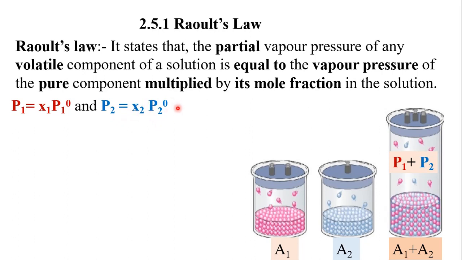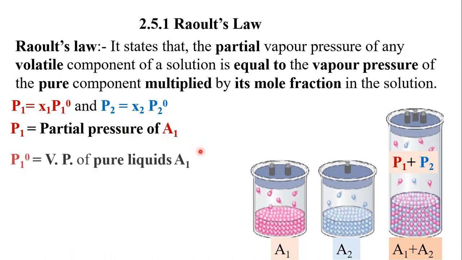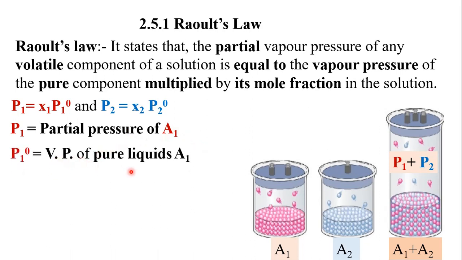Here P1 is the partial pressure of A1 and P10 is the vapor pressure of the pure liquid, that is, the pressure exerted by the vapors of liquid A1 at equilibrium.